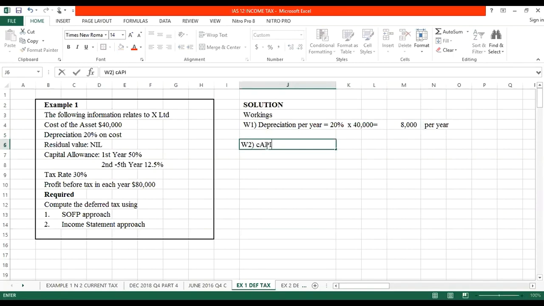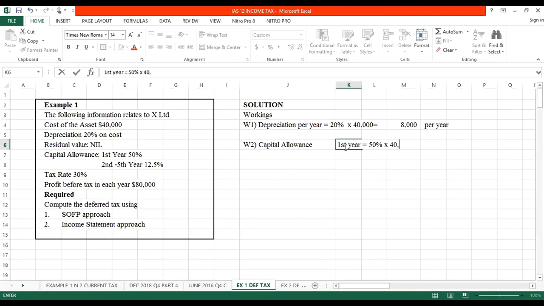Working two is capital allowance. The relief that the government gives, capital allowance. Now, in capital allowance, there is the first year. The capital allowance in the first year, you have been told, is 50%. 50% times 40,000.